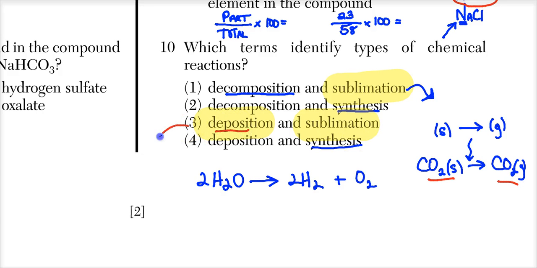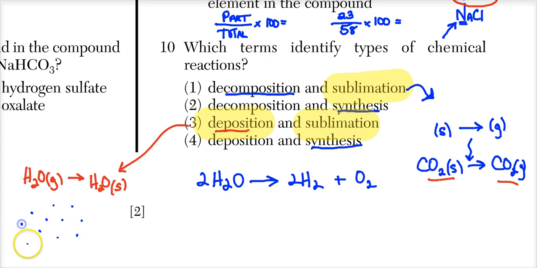Deposition is the opposite, and that is a gas like H2O gas going back into, let's say, H2O solid. So it's the opposite of sublimation. And a great example of deposition would be snowing. Water vapor in the air, under the conditions of temperature and pressure, causes the water vapor to go directly into a solid.